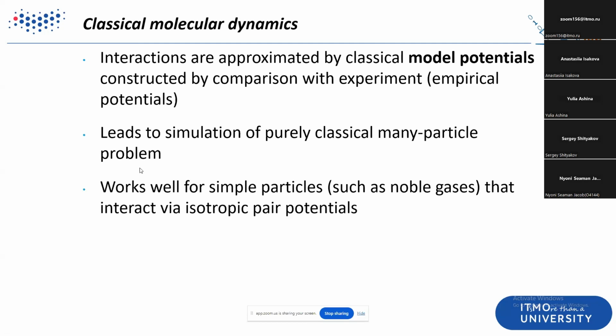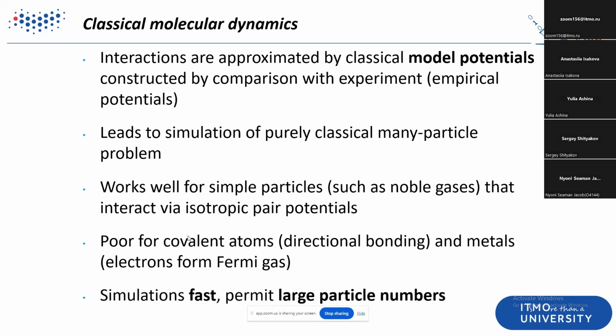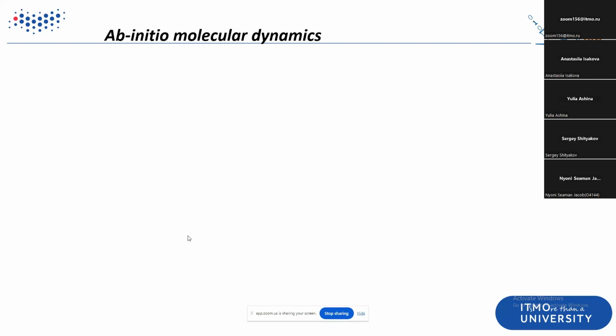The classical molecular dynamics works well for simple particles such as gases that interact via isotropic van der Waals potentials, and poorly for covalent atoms and metals, which can be treated as well, such as an electron Fermi gas. Simulations are usually fast, permitting a large particle number, up to hundreds of thousands of atoms.